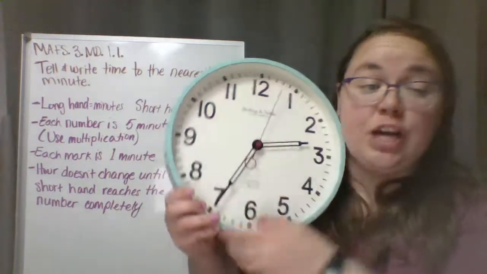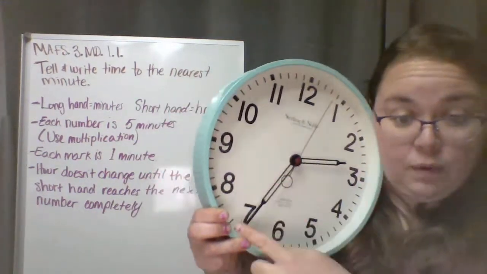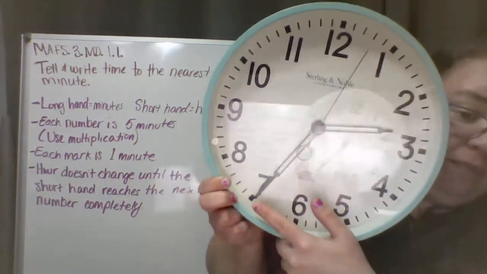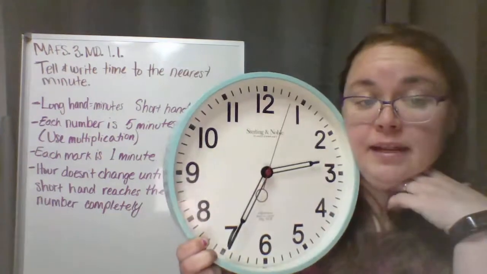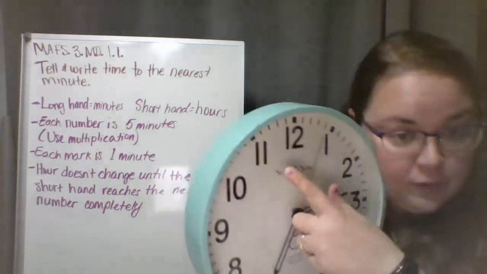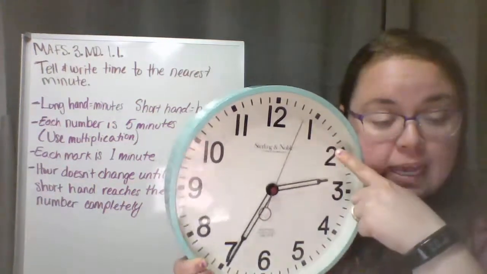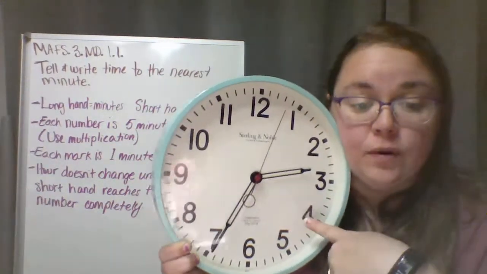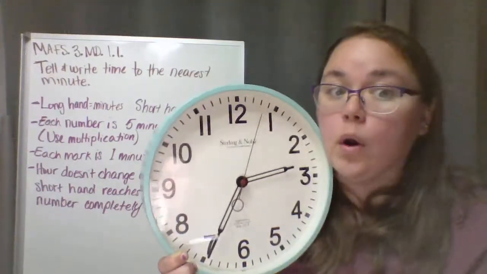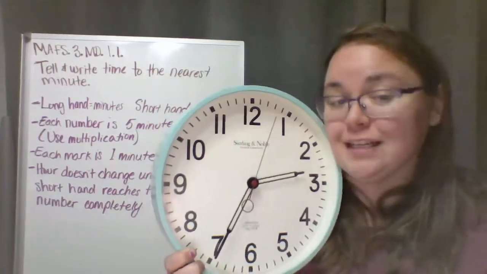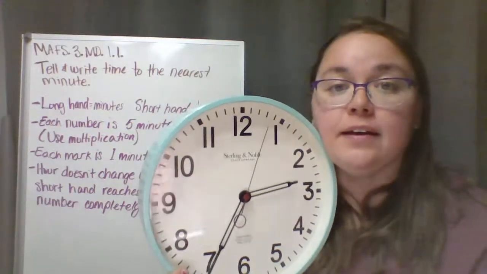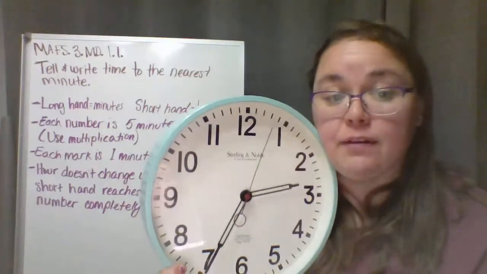Looking at just the minute hand, the long one, it is pointing to the 7. So we're going to see how many minutes past the hour it is. Well, we can skip count going like this: 5, 10, 15, 20, 25, 30, 35. Or if we've memorized our multiplication like we should have, we can just multiply 7 times 5. And 7 times 5 is 35.